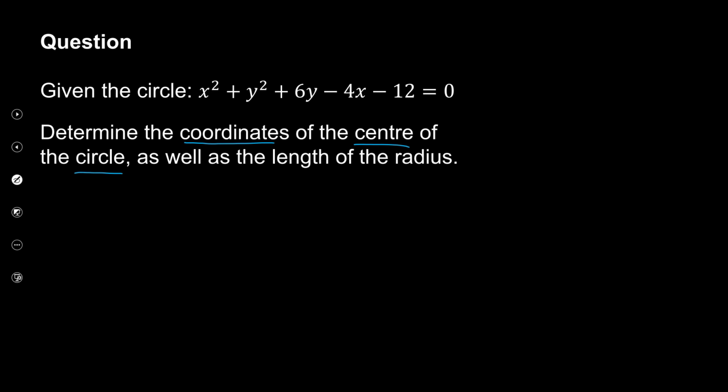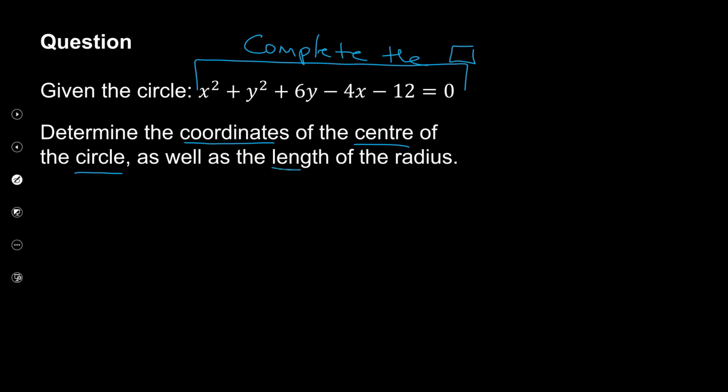As soon as I give you an equation like this, you already need to think to yourself, it means I will need to complete the square, right? So you definitely need to make sure your knowledge of completing the square is on par.